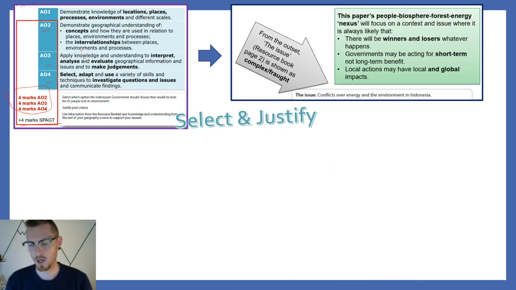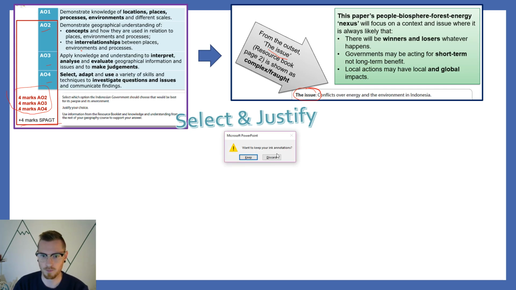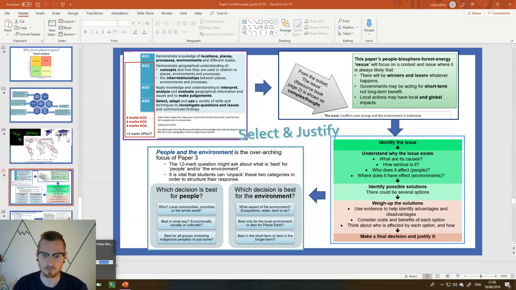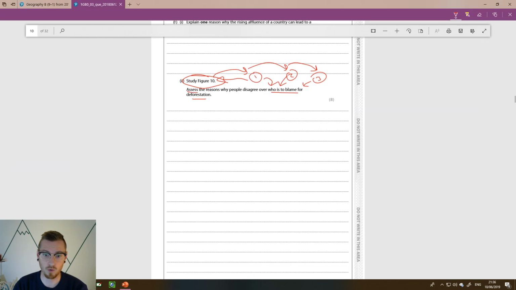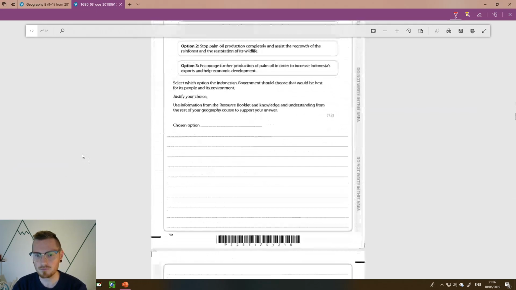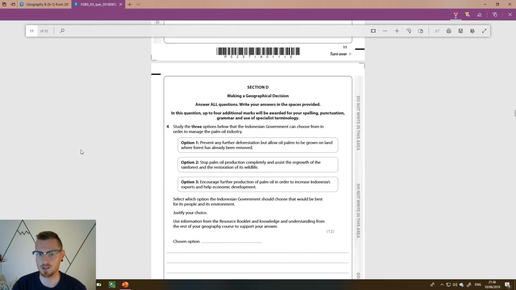Okay, going through this question, like unpicking it. So first thing to remember from the outset is the issue, and the paper begins, the resource booklet, with that phrase. So if I discard this and I go here, this is section D, and you can see here, this is last section, question 4.